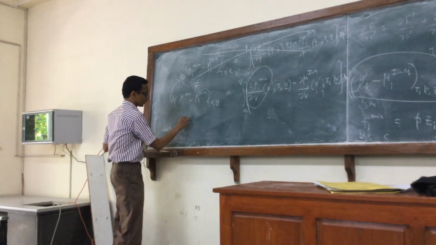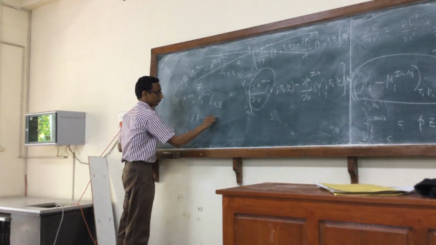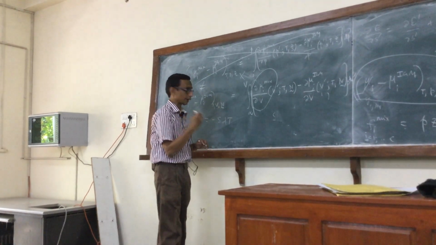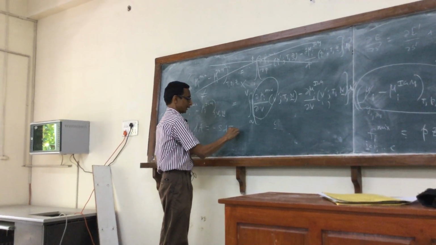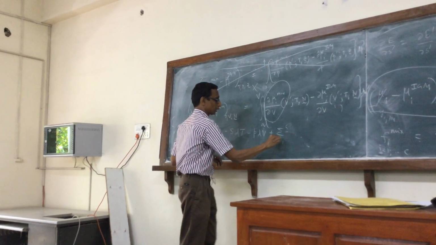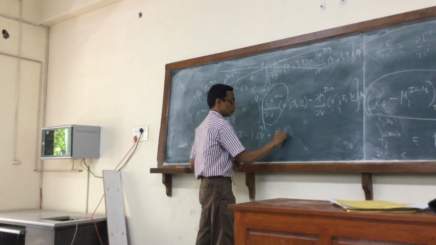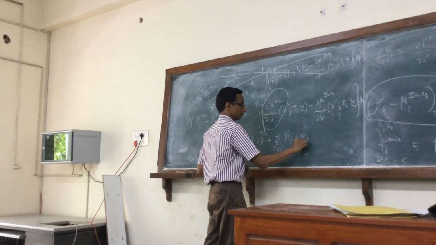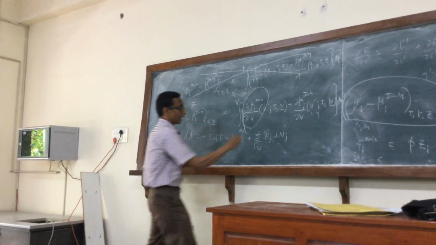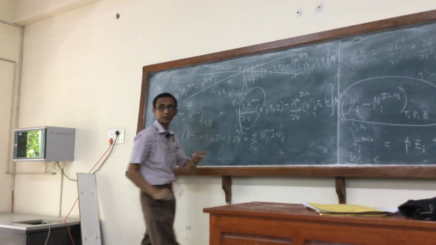Now if you look at dA, we've used this idea before for the properties of the ideal gas mixture. It is minus S dT minus P dV plus the sum over j equal to 1 to C of mu j dNj. This is of the actual mixture, so we are not considering any particular mixture.